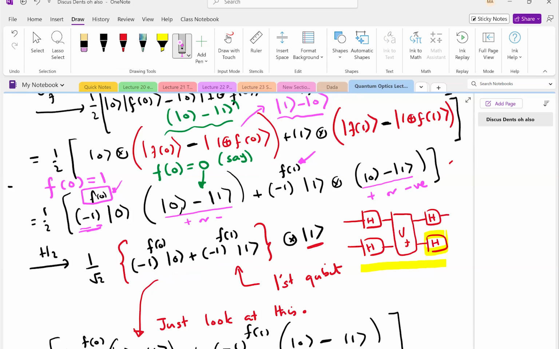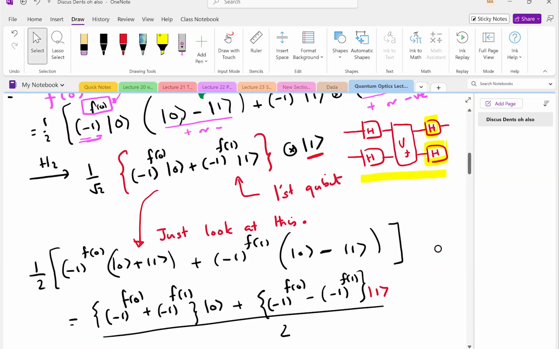The relative phases between the ket 0 and the ket 1 in the first term are defined by the values of f of 0 and f of 1. Now in the quantum circuit, I have a Hadamard gate on the first qubit. I can ignore the second qubit because I don't use it subsequently. I can now pay all my attention to the first qubit. So let's just look at the first qubit.